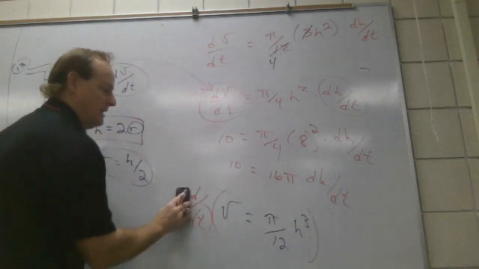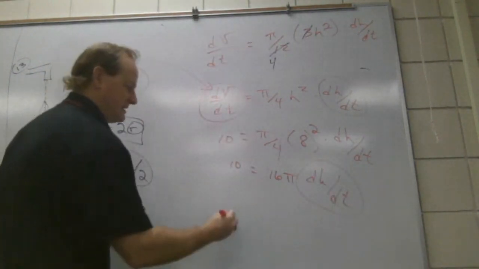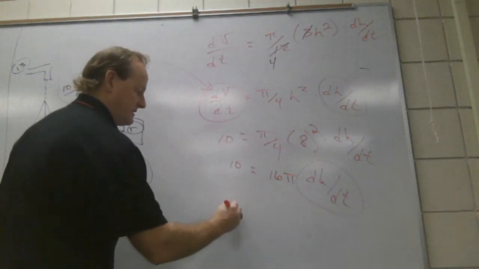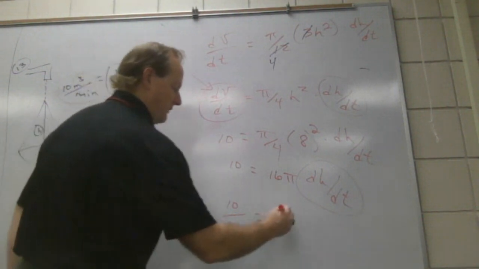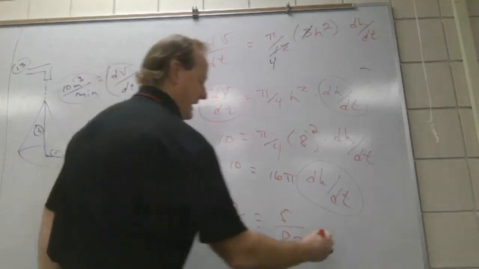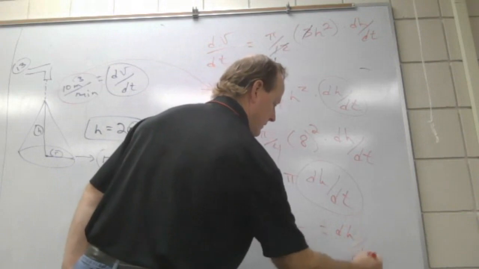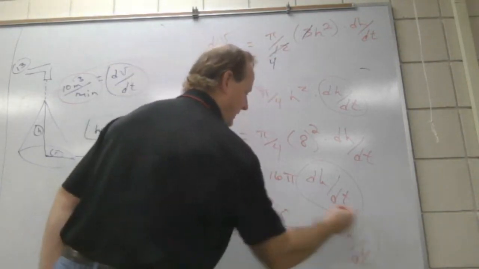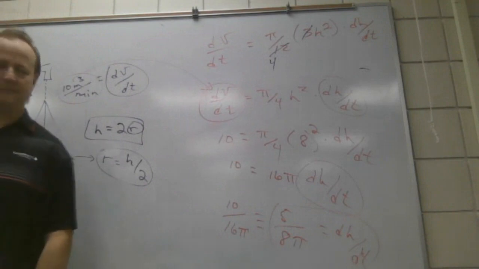So finishing this up, solving for dH dt, I can divide both sides by 16 pi. So I get 10 over 16 pi, which is equivalent to 5 over 8 pi. And that equals dH dt. So 5 over 8 pi. But what we want to do is then interpret this.